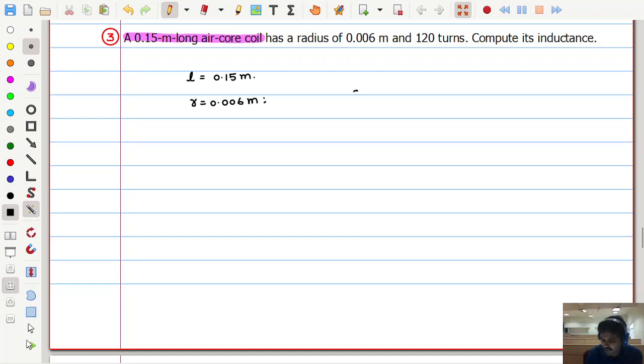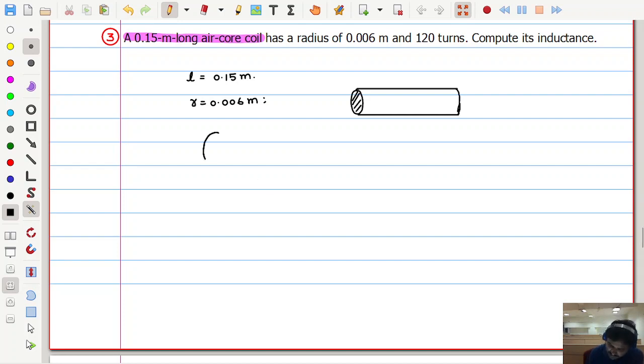Now, it might be in this way. If it is not given, we choose a cylinder kind of shape. If it is any other shape, they will definitely specify square or whatever shape. So now this is the area of cross section.